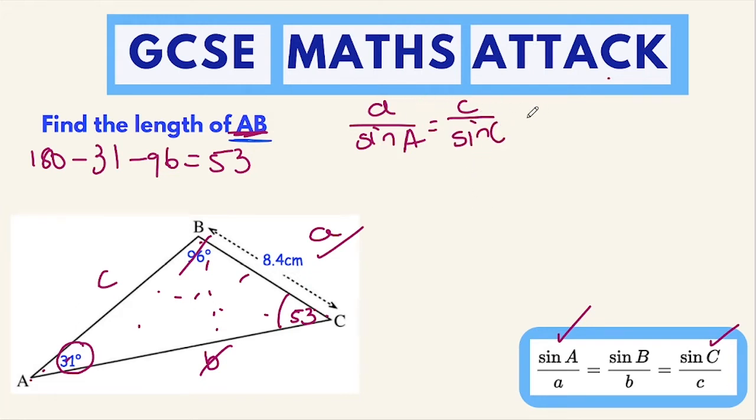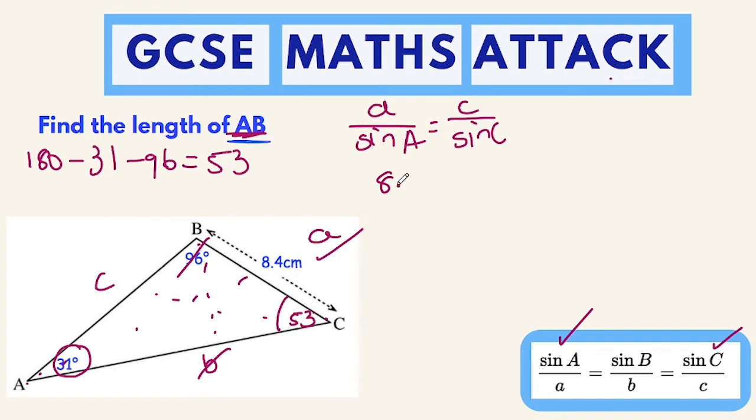I don't need to write equals b over sine B. You only need two. So I'm going to substitute the numbers in. a is 8.4 all over sine 31 equals c. I don't know what c is, but I am interested in c, all over sine 53.